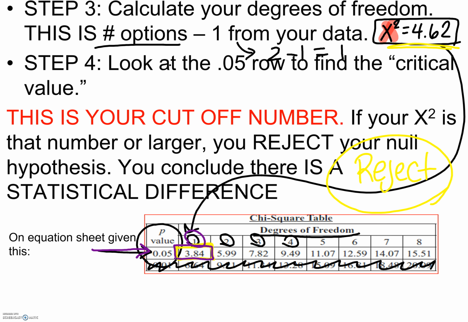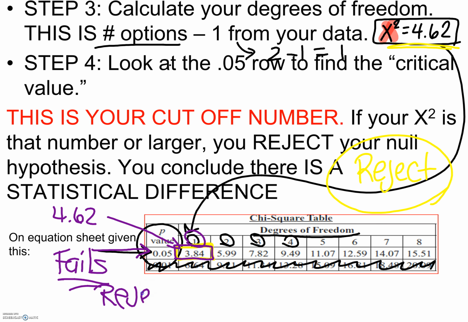If our calculated chi-square is bigger than 3.84, which ours was, 4.62, then the chi-square test fails, and we reject our null hypothesis. The difference is enough to say there is a statistical difference between the 2 groups. If we had gotten a number smaller than 3.84, the chi-square test would pass, and we would accept the null hypothesis that there is no statistical difference between the 2 groups.